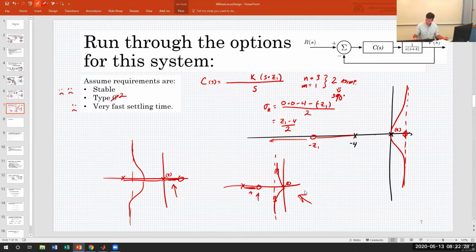And I think that I heard the suggestion actually at the get-go, which was add a couple of zeros. So let's do that.